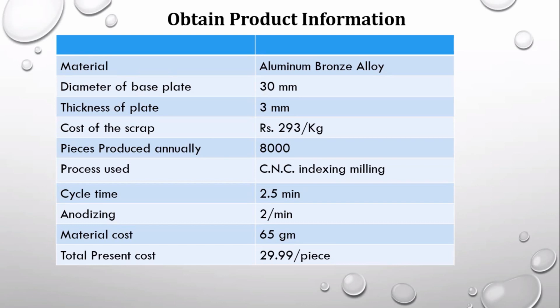Annually 8,000 pieces are produced, right? So even if there is a small saving in one element, there is a huge saving to the industry. The total present cost is almost 30 per piece.